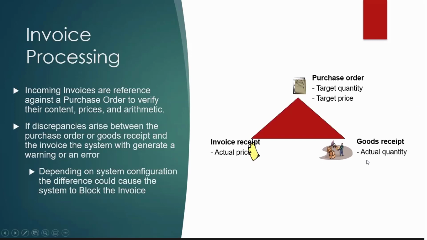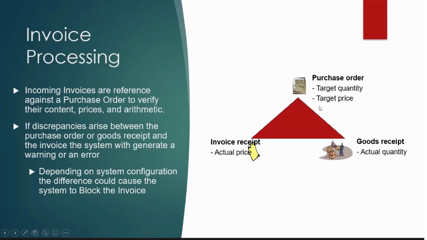And then the goods receipt also has the material and the actual quantity that you received. So the system will also verify the actual quantity and check it against the target quantity. And the invoice is the same thing. You have the material ID, what material you received, and what the price is. Is this price the same as the target price?